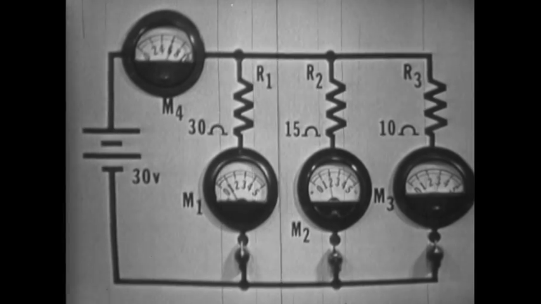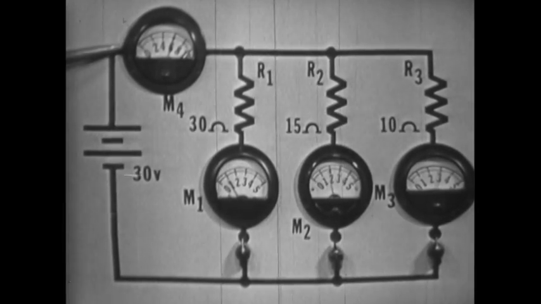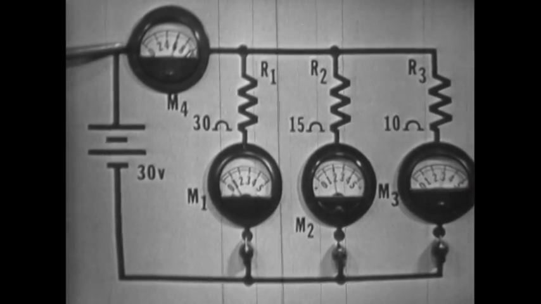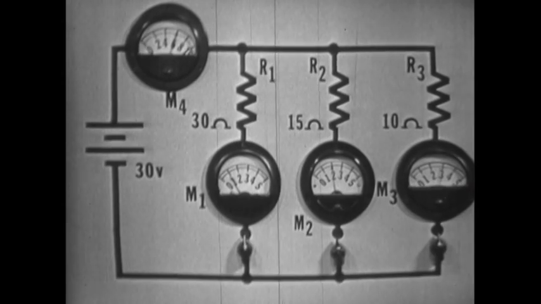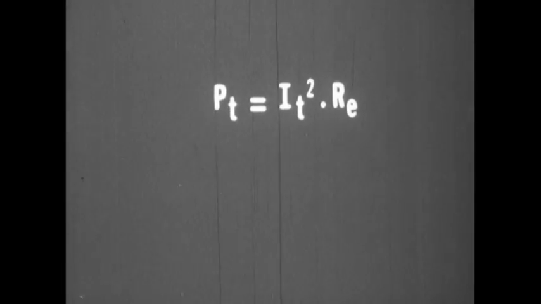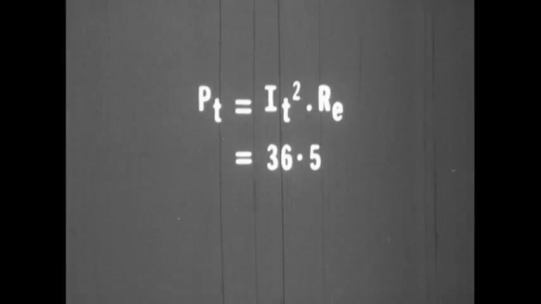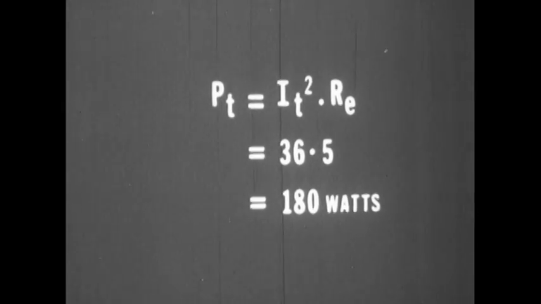By using the equivalent resistance and the total current, which was 6 amps, we can now proceed to solve for total power. Total power is equal to the total current squared times the equivalent resistance. Substituting 6 amps and 5 ohms and solving, total power is again equal to 180 watts.